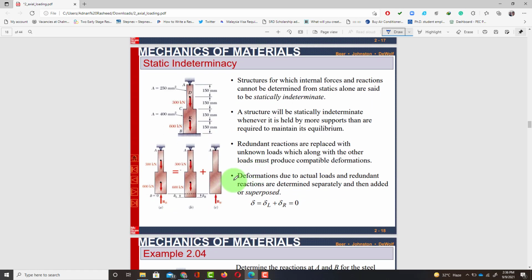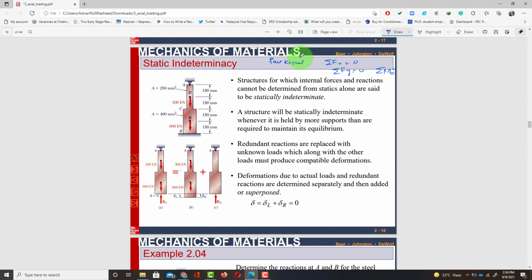Okay, now we will move towards static indeterminacy. So what do you mean by static indeterminacy? Whenever you have been given a problem and, for example, there are four unknowns, and by using equations of equilibrium you have three equations: sum of all forces along x, sum of all forces along y equal to 0, and sum of all moments equal to 0.